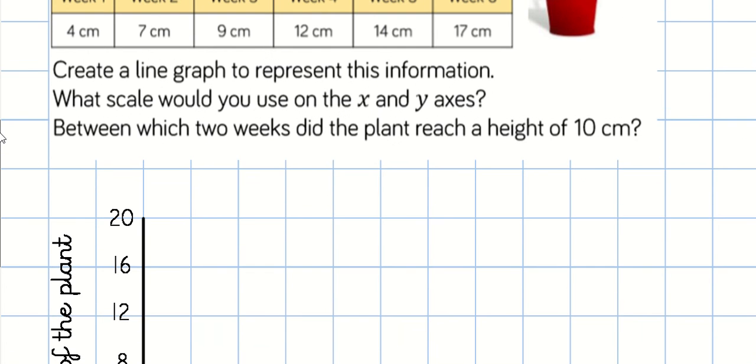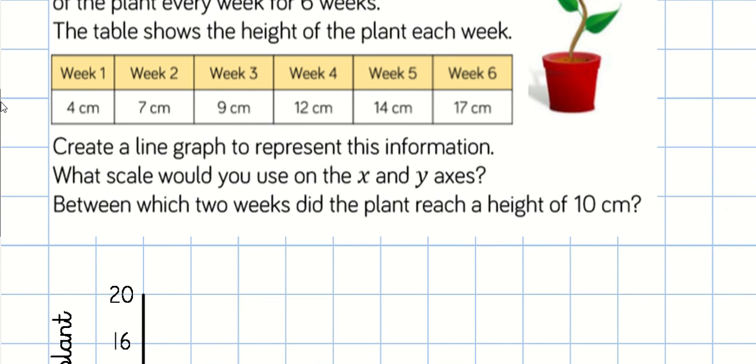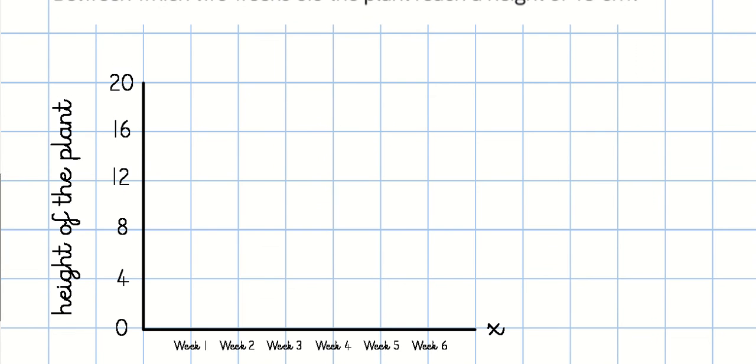Now I need to record my information. Well, on week 1, how high had my plant grown? It had grown 4 centimeters. So I have to go to week 1, go up to 4.